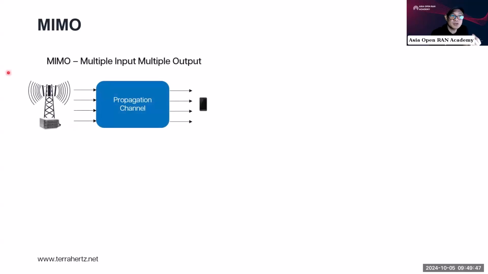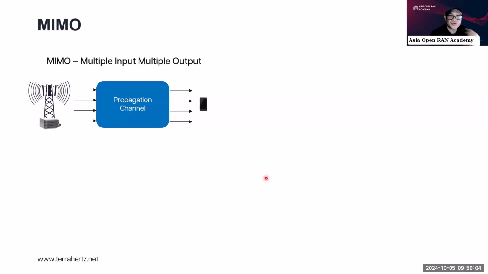Okay? So, what is massive MIMO? We have seen the effect of multiple antennas in a system. Massive MIMO means multiple input, multiple output. It's the use of different or multiple streams of transmissions. That means you will transmit not only one stream, but multiple streams using different antennas.